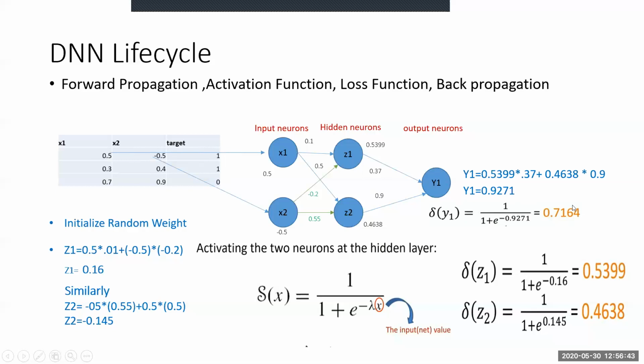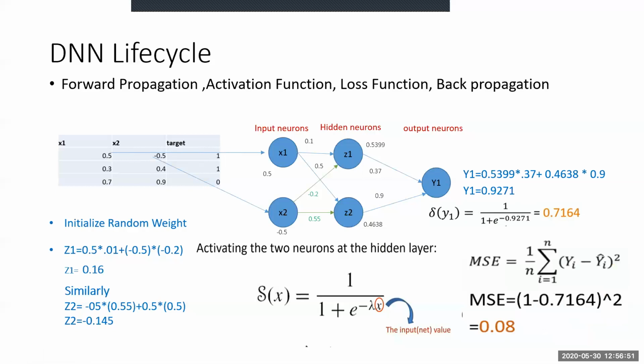So now over here we need to calculate the loss. This loss would be calculated to determine how far the prediction is from the actual value. This is the mean squared error. The mean squared error is the summation of (yi minus y-hat) whole squared, divided by n. This n denotes the number of rows in the particular population.